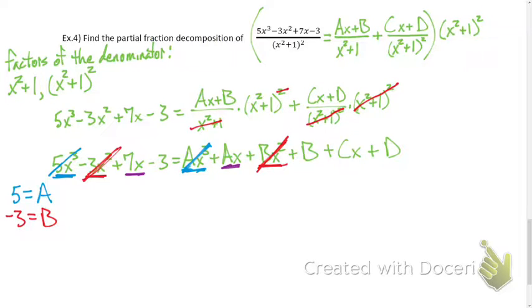There we have an actual equation to work on. So we know 7 equals A plus C. And then lastly, I have my constants. Everything that's left.